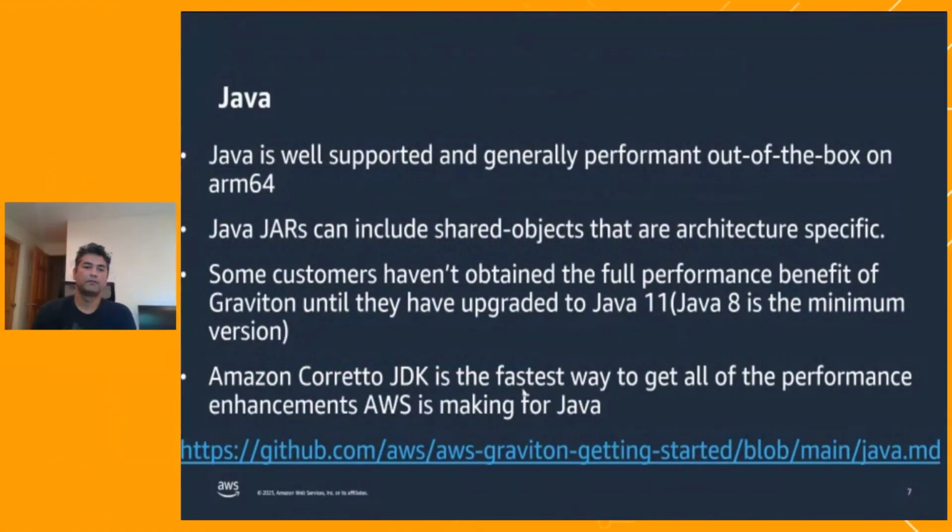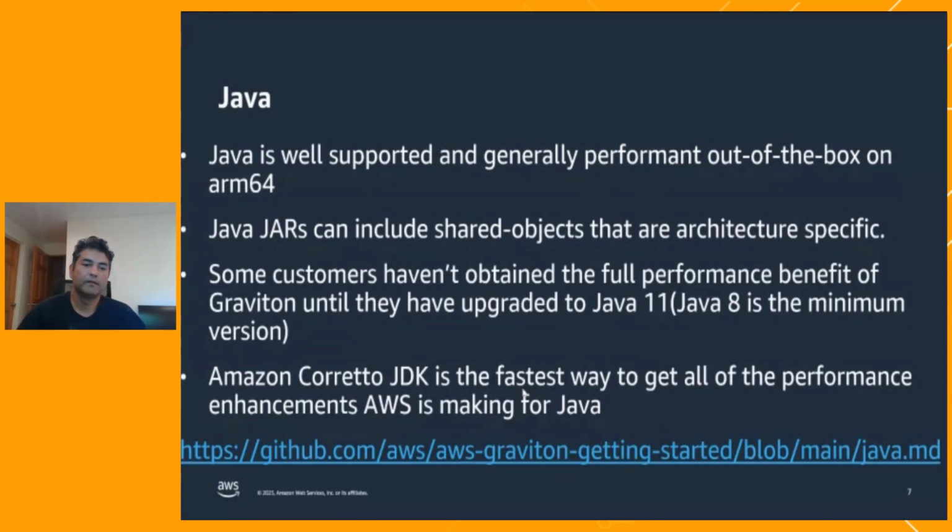So Java is a very commonly used language. And so if you think about Java, which is a language which compiles to bytecode, and then it has a JVM to actually run it to native. This has the benefit that if the JVM itself is updated to the newer version, then ARM64 support and even performant ARM64 support is available to you.